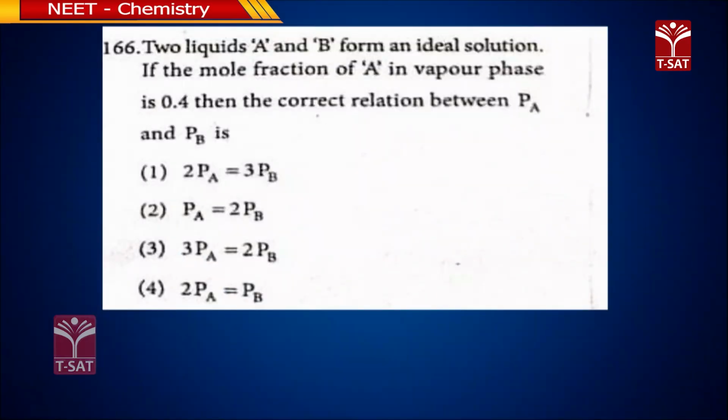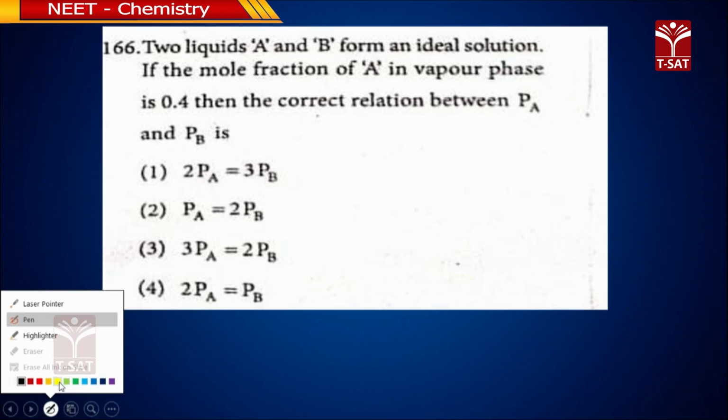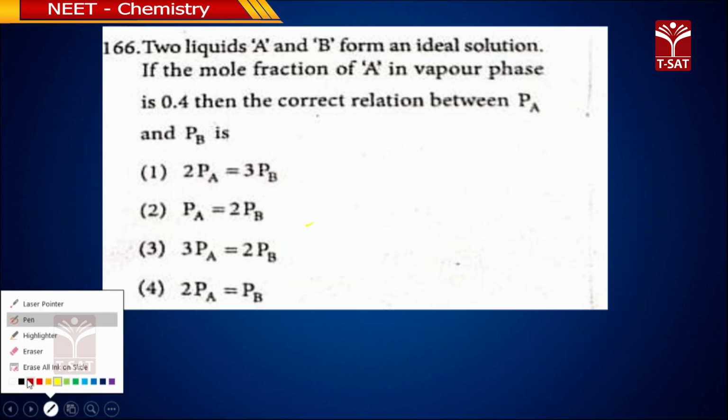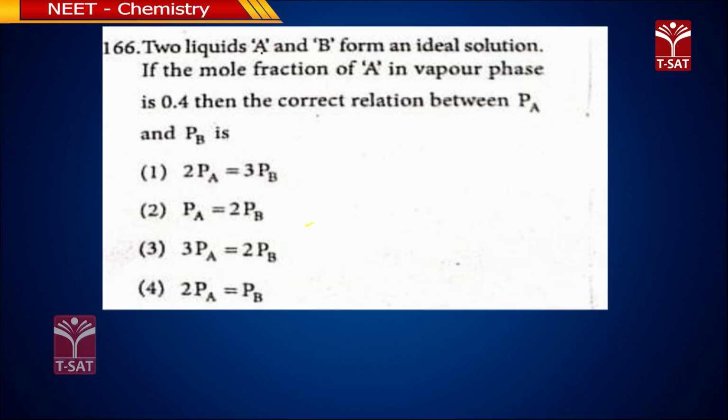And this question, see, this question is from the solutions chapter. This is the very first chapter in the second year physical chemistry, right? So two liquids A and B, he says, form an ideal solution. If the mole fraction of A in vapor phase is 0.4, then what is the correct relation between PA and PB?